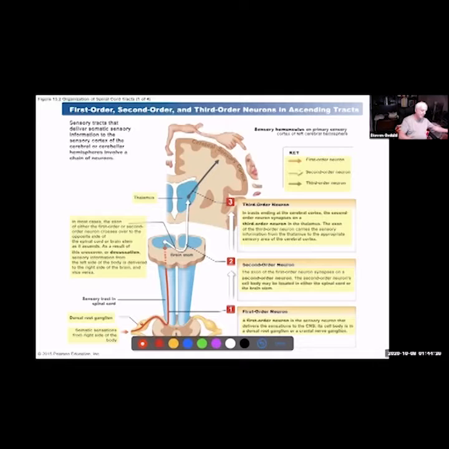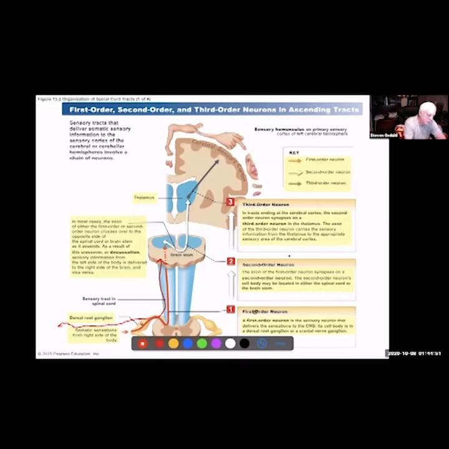All right, here's your first-order neuron. You see the information coming in from the environment into the spinal cord. That's your first-order neuron. See, it comes from the dorsal root ganglion into the dorsal root, up into the spinal cord.